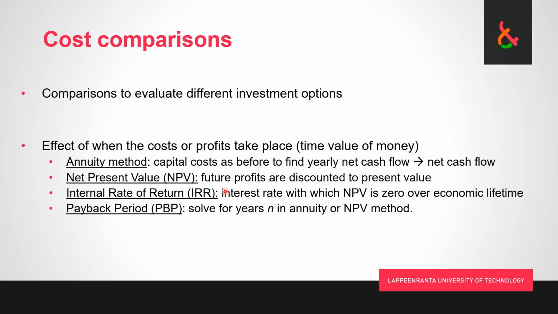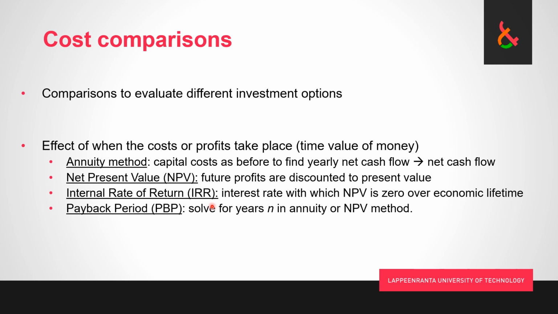So then you can compare, for example, if you get a certain interest rate, that this would be the internal rate of return for our project, and then you can compare: what if you didn't build a power plant, you decided to invest in the stock market, and how much net growth your investment would have to make per year to make this a better idea than building a power plant.